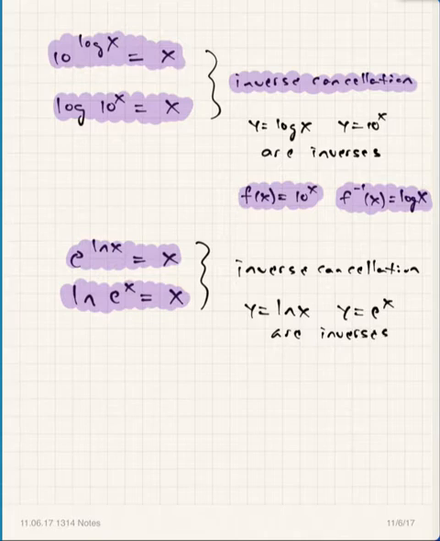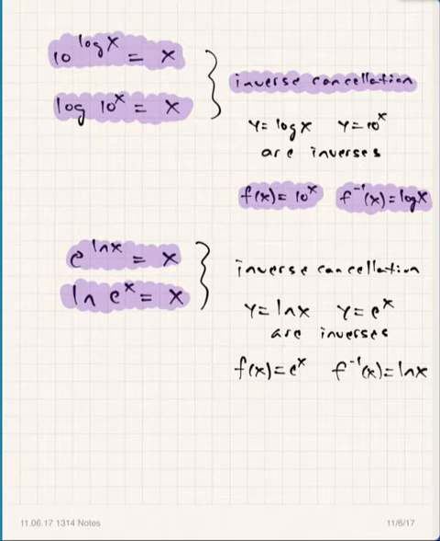That means that if f of x is e to the x, then f inverse x is equal to ln x. You definitely need to know these pairs of inverses, especially these two particular bases, base e and base 10, because those are by far the most common ones to encounter. Those are definitely things you should be able to figure out.